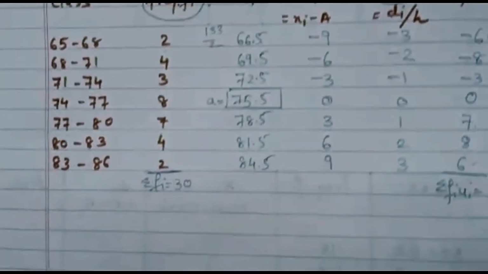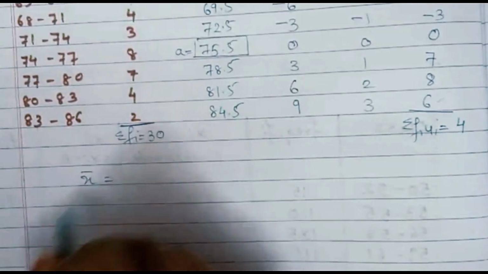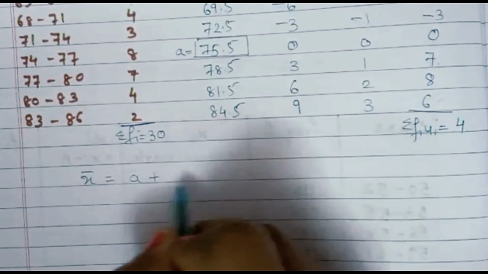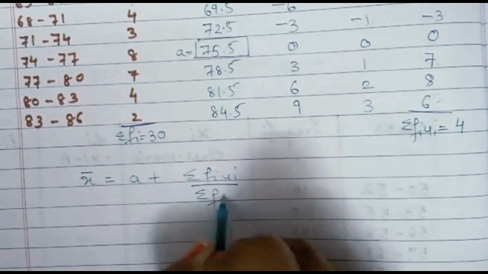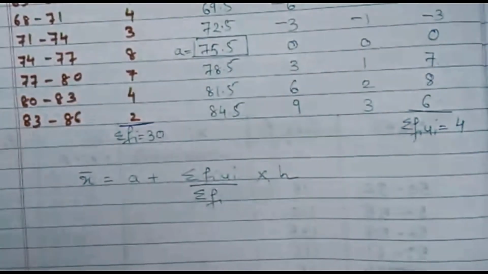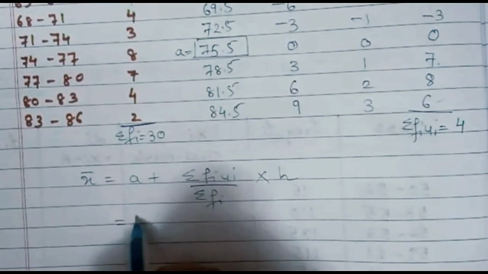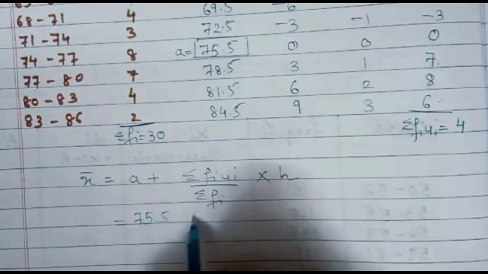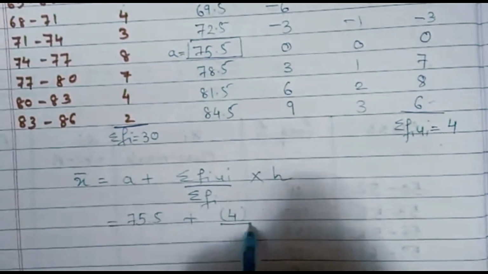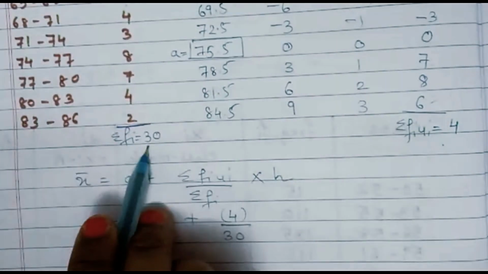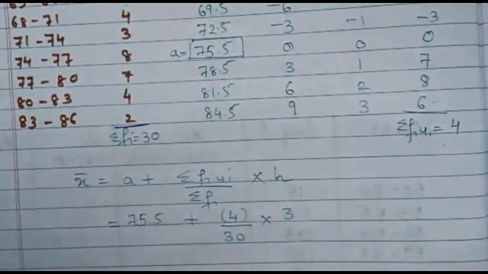So let us now calculate the value of mean. We all know x bar was a plus sigma fiui upon sigma fi into h. Now do you remember what a was? 75.5. So this is 75.5 plus 4 divided by the total frequency 30, into h, which was 3, right?